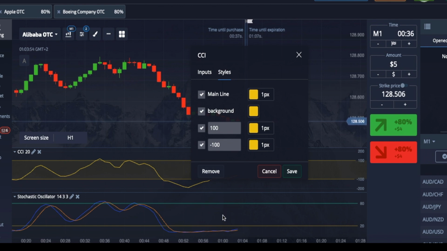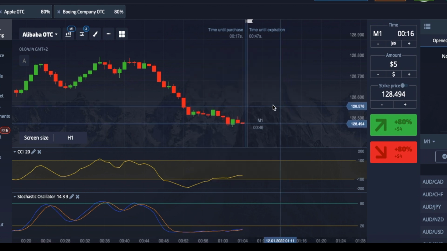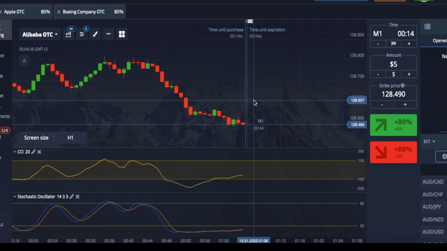Same thought process, but I'm using the stochastic really as my leader a little bit, and I'm also looking up to see whether the CCI is matching with it. As you can see, there's a negative 100 and a 100. Under the negative 100, we're still looking for a buy, and if it's above the 100, we're looking for a sell. Let's see how these trades play out.